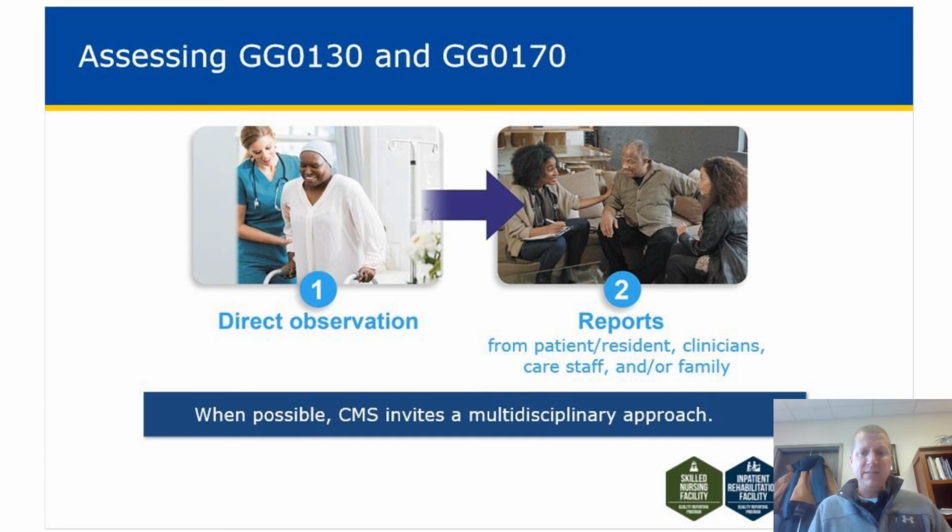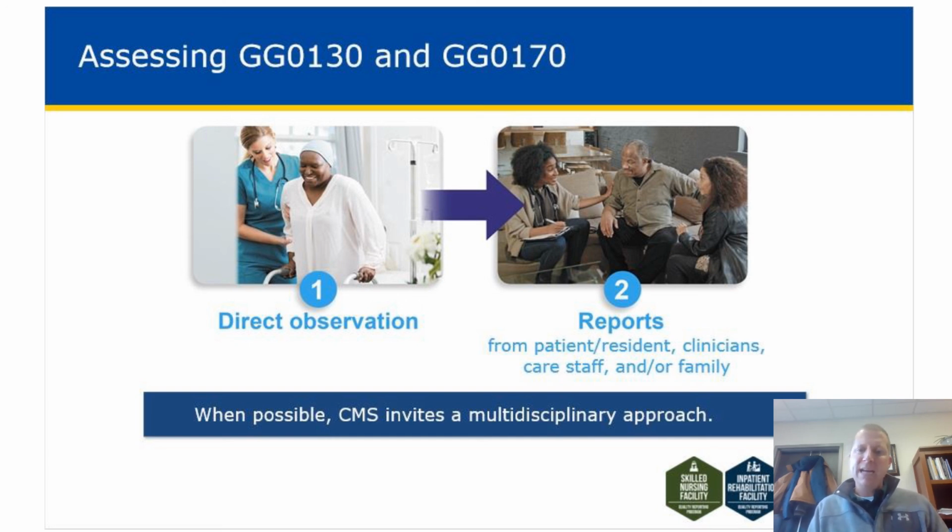Have PTs go in and contribute to the scores of section GG based on what they're observing. Have OTs go in there with their direct observation, and I feel like we're such experts with self-care skills. And so you're going to be seeing different disciplines contribute to the section GG scores.